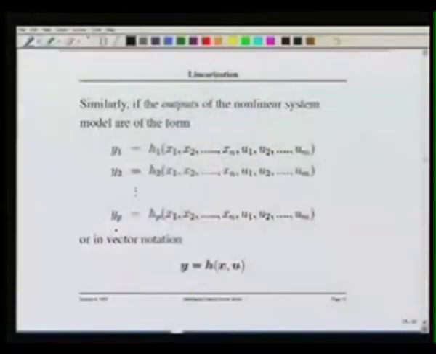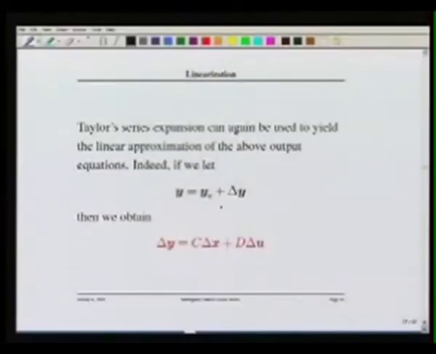Similarly, we had P outputs, and for the P outputs the functions are h1, h2, up to hp. In vector notation you can write y equal to h(x, u). Using Taylor series expansion again, we can write y equal to y_e plus delta y, that is, we perturb our equilibrium point y_e with delta y.